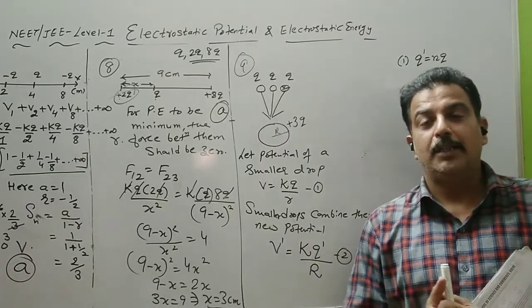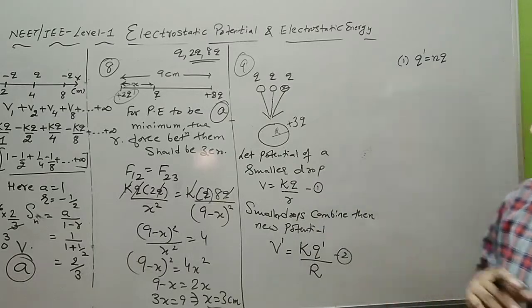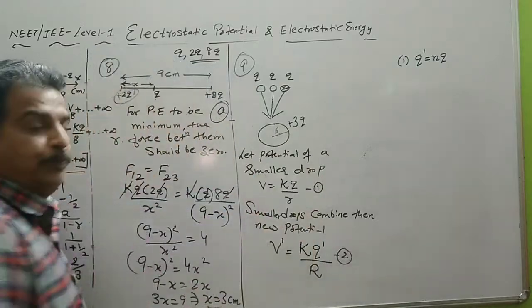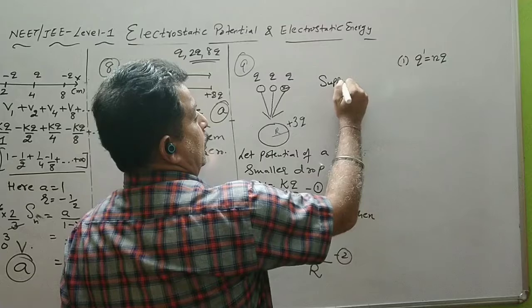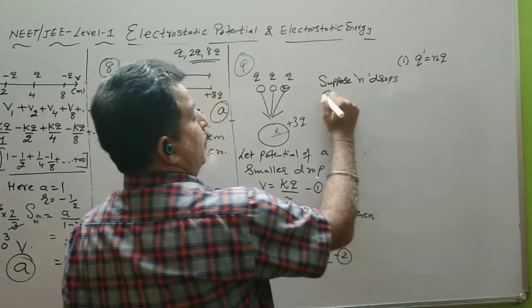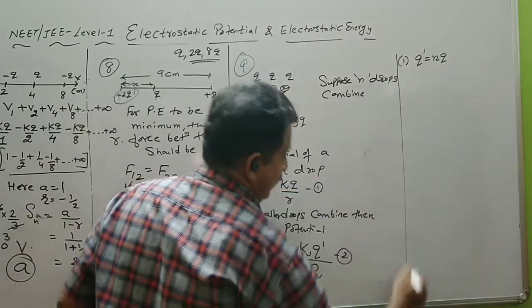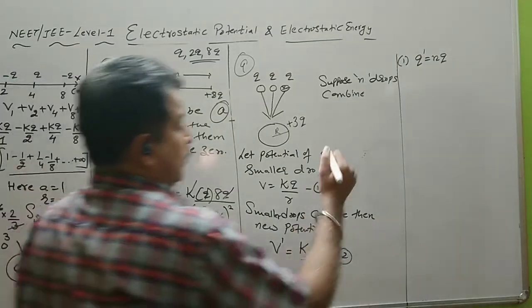So you have to remember that the volume remains constant. Let us find out for n drops. Suppose n drops combine, then one relation derived is Q dash equals n times Q.